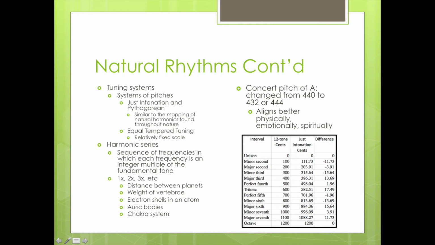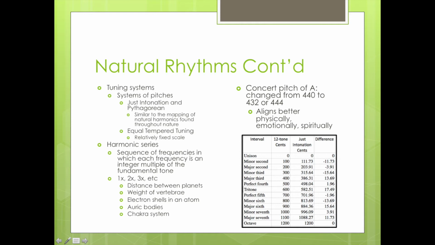With the harmonic series, this is a sequence of frequencies in which each frequency is an integer multiple of the fundamental tone. So it follows the same form as the tuning systems we just described, the 1 times, 2 times, 3 times pattern. It is in line with various universal orderings.